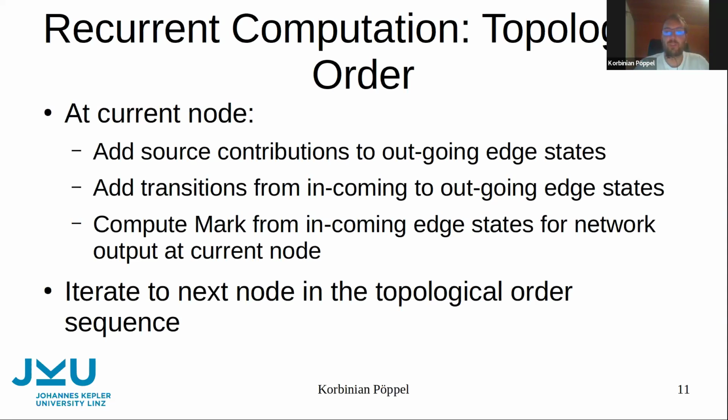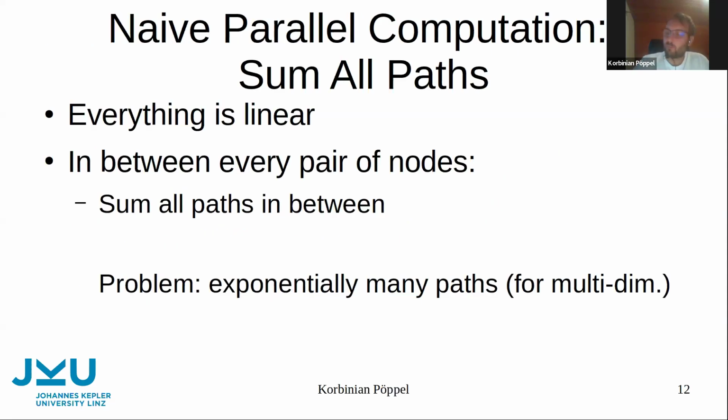That's quite simple, but that's recurrent, so it doesn't leverage the parallelization power of modern GPUs. A naive parallelization would be, well, we know all of this is a linear network.